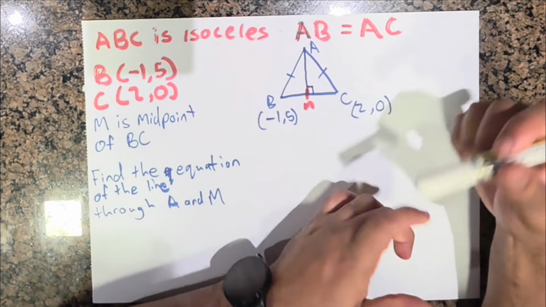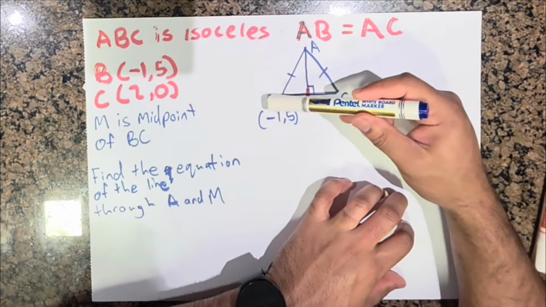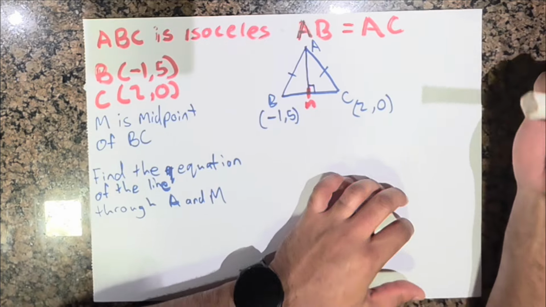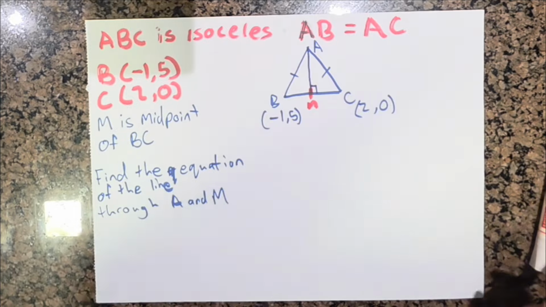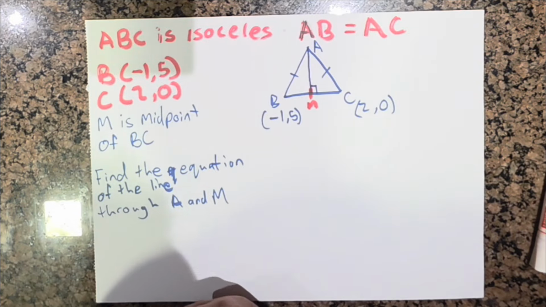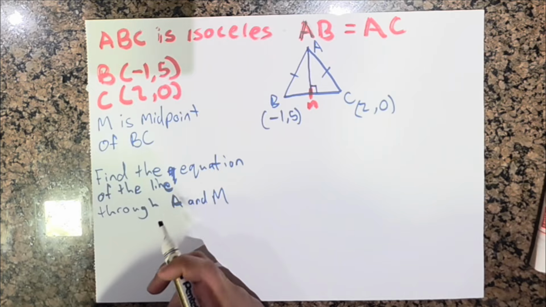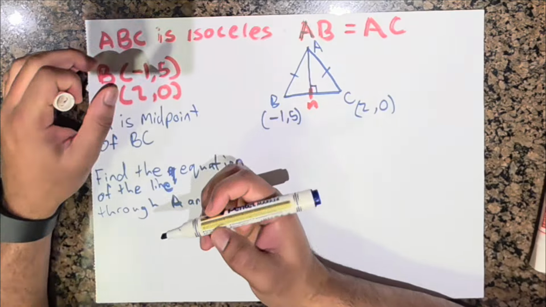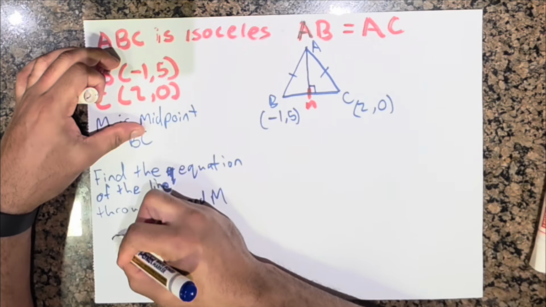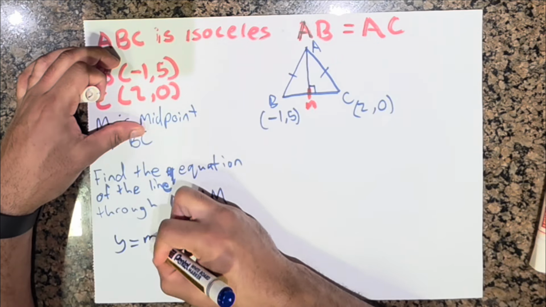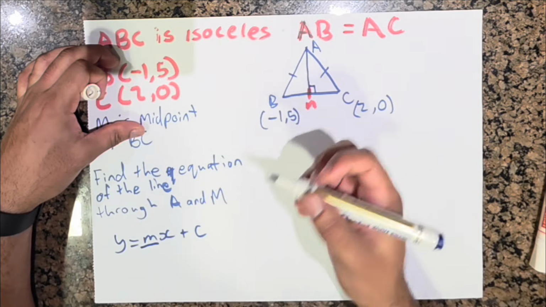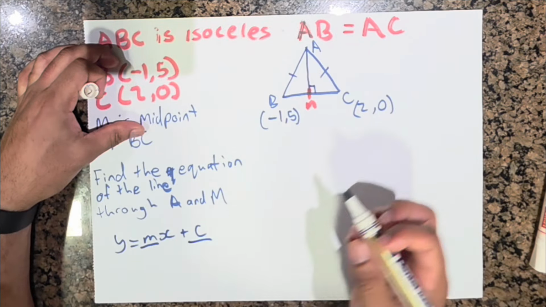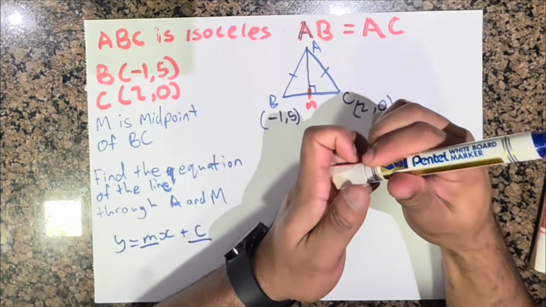Meaning the line AM is perpendicular to BC, which is going to be important for finding the equation. The question now is they want us to find the equation of the line through AM, which means we need to find that equation in this form, y equals mx plus c.